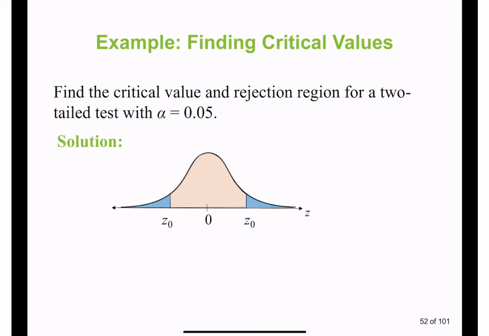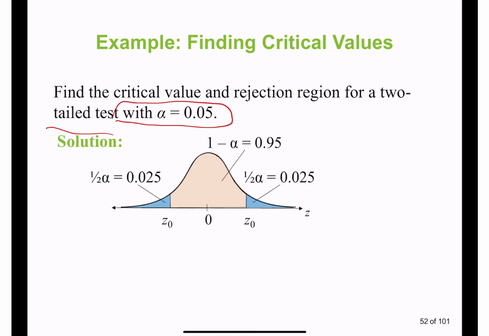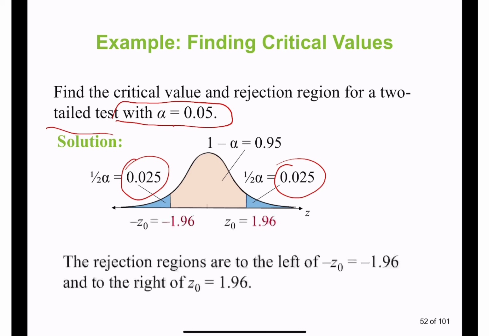So let's see. It says find the critical value and the rejection region for a two-tail test with alpha 0.05. For two tails 0.05, that means for one tail it will be 0.025, right? Half of it. So we find the z-score for 0.025 for alpha, always the z-score for alpha, it's going to be our z-critical, which you will get negative 1.96.